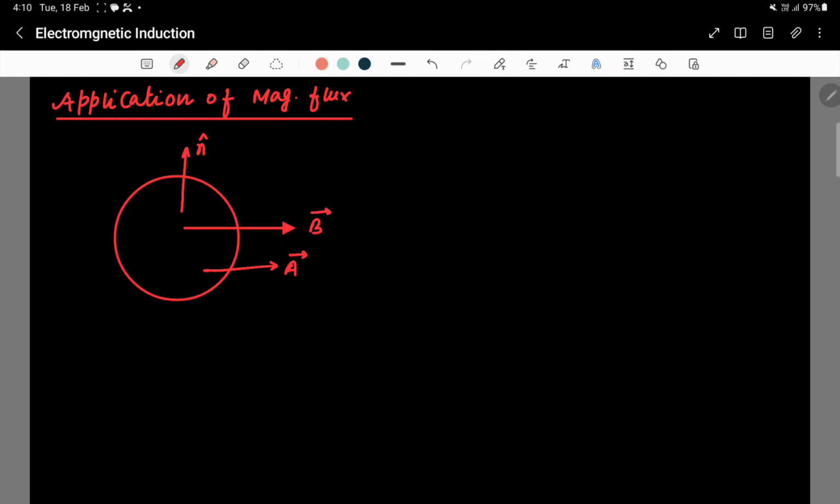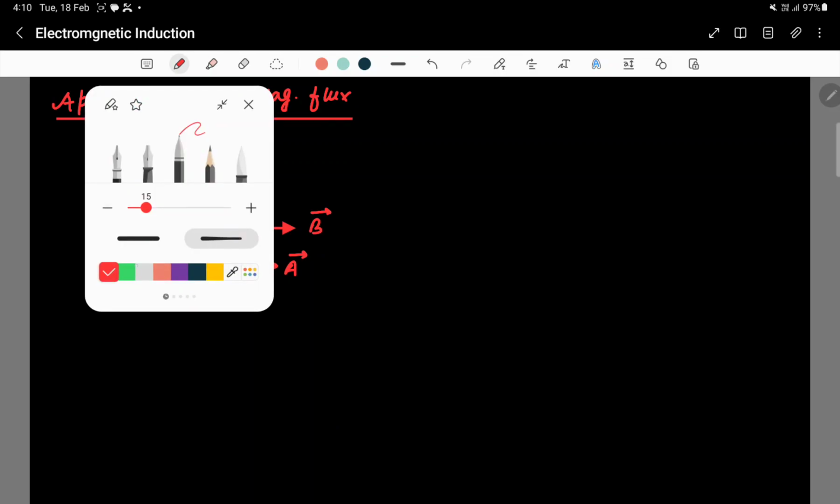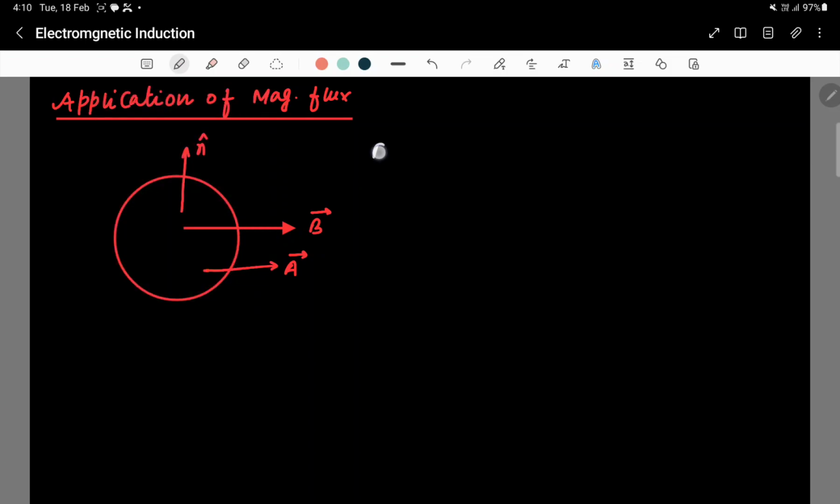ठीक है. तो देखो बेटा यहाँ पे इस कंडीशन में देखो, यहाँ पे क्या दिख रहा है आपको? यहाँ पे बी वेक्टर जो है ना, दिस बी वेक्टर इज पैरेलल टू क्या है बोलो? सरफेस एरिया है. यस और नो? बट बी वेक्टर इज perpendicular to what? Unit vector. Yes or no?